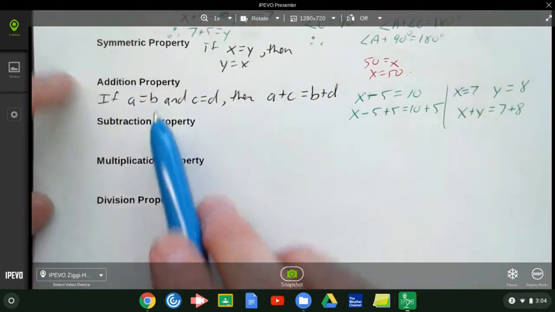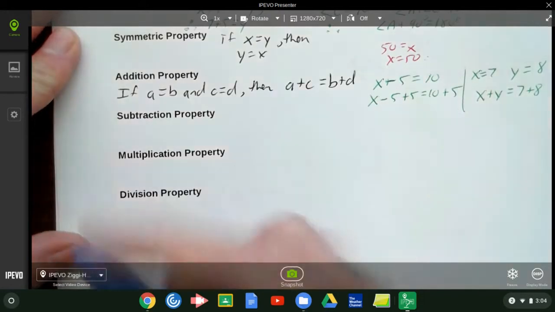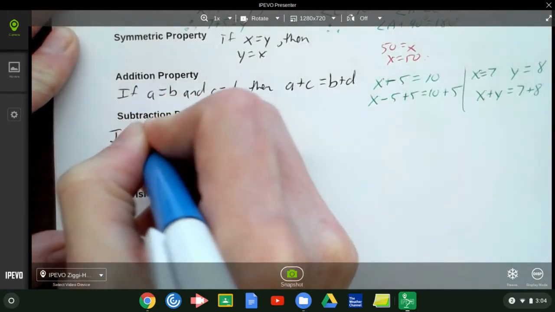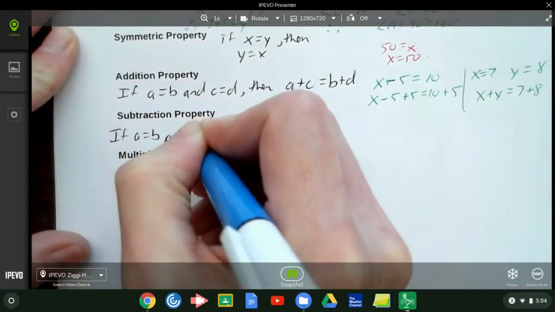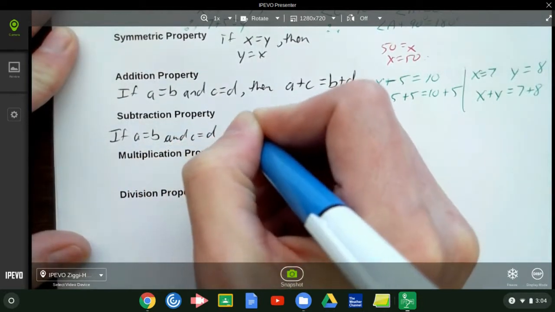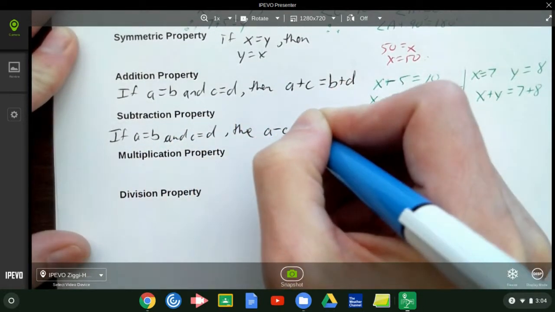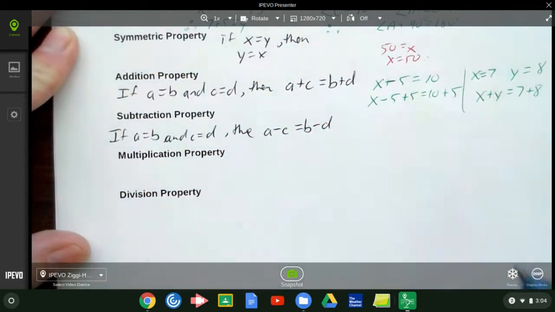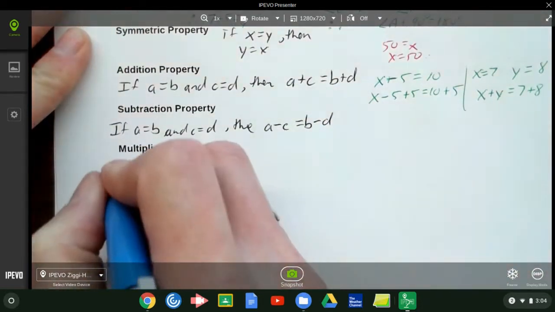And if I can do that with addition, I can do that with all of these. If A equals B and C equals D, then A minus C equals B minus D. So that's the subtraction property.